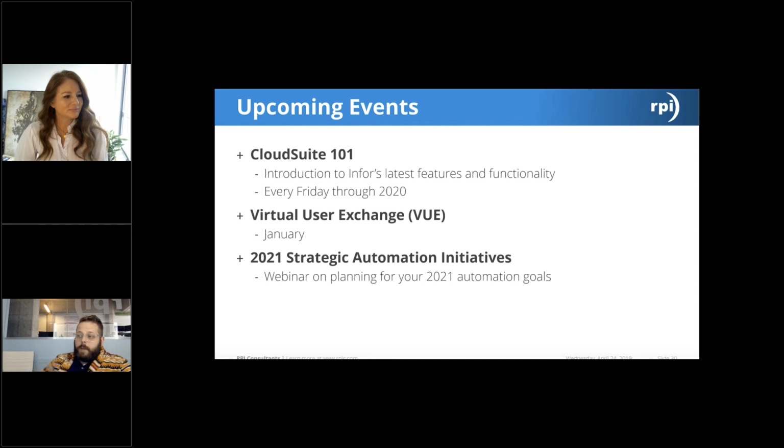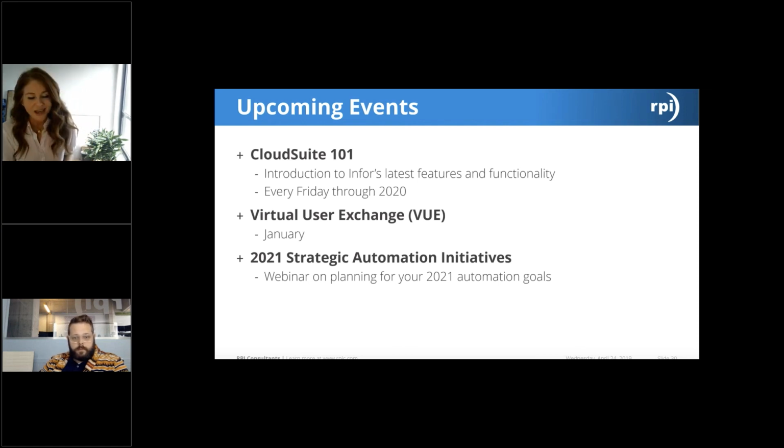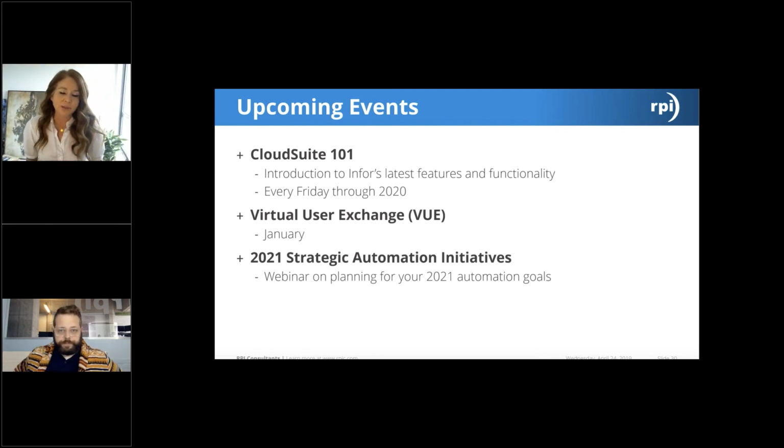We also do have some upcoming events. Melissa, do you want to talk a little bit about the Cloud Suite 101 series? Sure. Cloud Suite 101 kicked off probably mid-October, maybe closer to the beginning of October. And every Friday at lunchtime, RPI is doing some sort of feature of Cloud Suite. So we started off with the financial, supply chain, HCM, and tech, and then we've been moving into healthcare and public sector and different areas, different verticals.